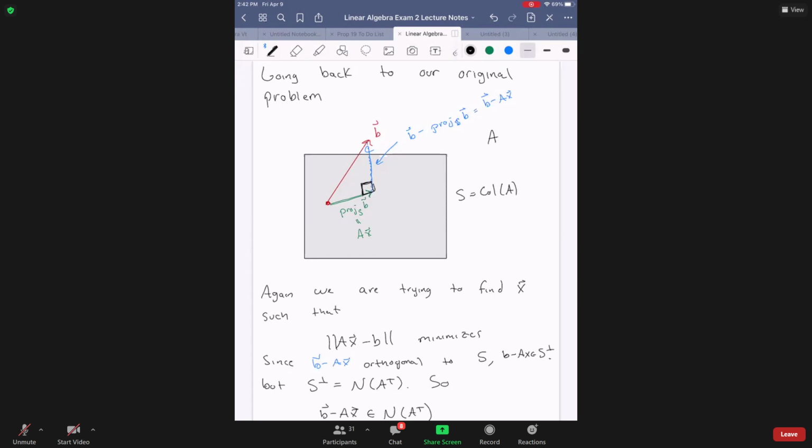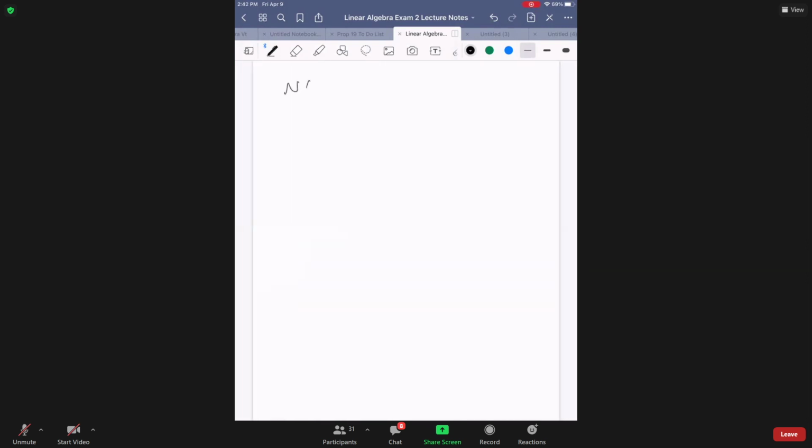It was the set of all vectors x such that Ax equals 0, right? So the null space of A is the set of all x in whatever vector space you're in such that Ax is equal to 0. So if x is in this set, then A times that is going to be 0, right?